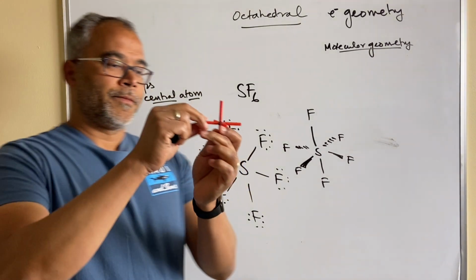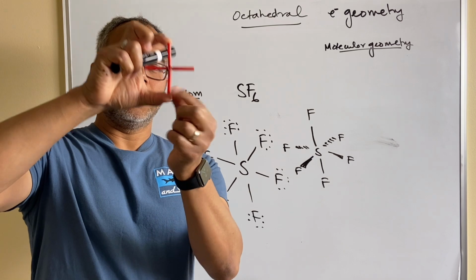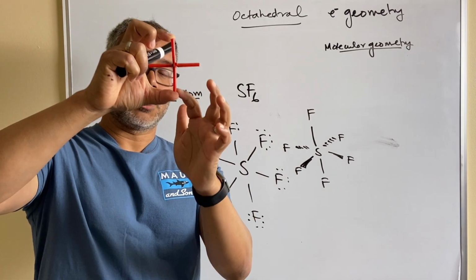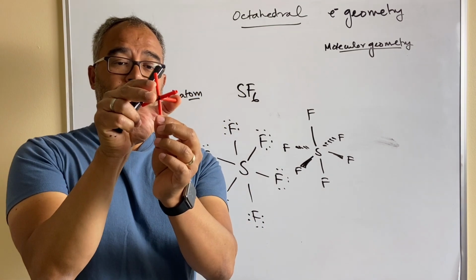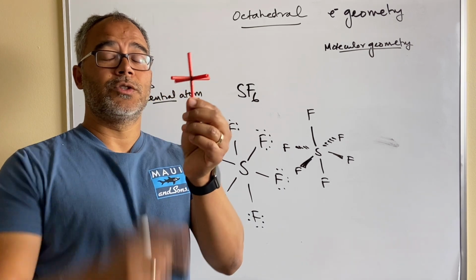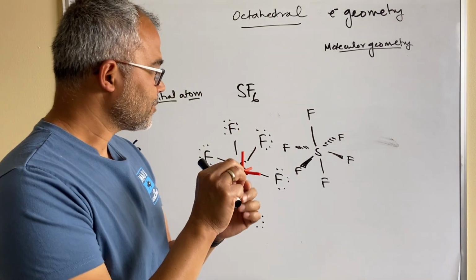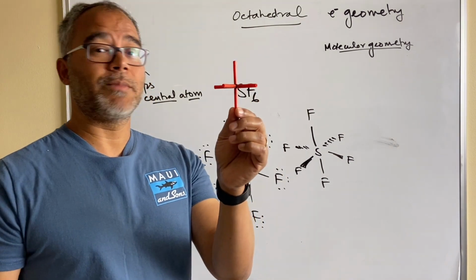Now, as I mentioned in the case of trigonal bipyramidal geometry, these 2 bonds, the bonds going straight up and down, are the ones that are axial, and then the bonds that are going away and towards you are the equatorial bonds, okay?